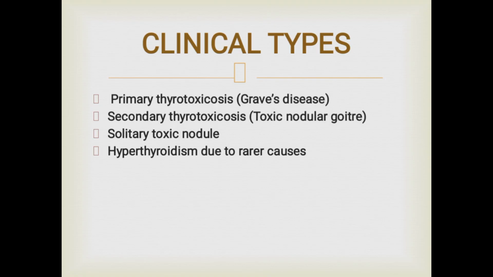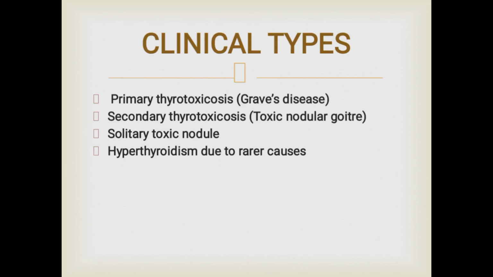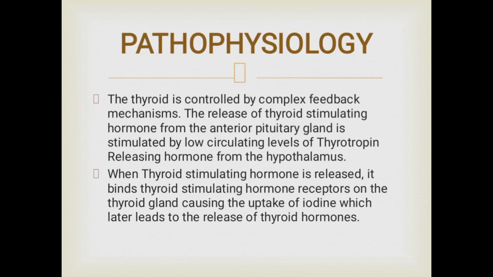So these are the clinical types of thyrotoxicosis. So now we talk about the pathophysiology. For the pathophysiology, the first thing that we need to understand is the regulation of the release of the thyroid hormones that I talked about previously in the introduction.